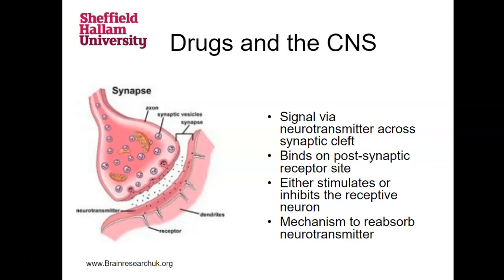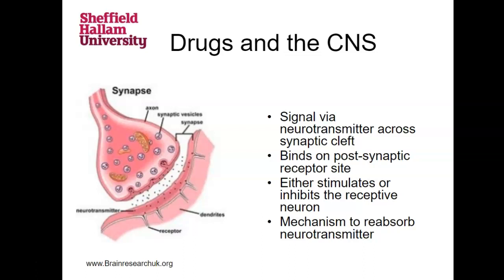So at synaptic level, they might bind onto a postsynaptic receptor. They might excite or inhibit the receptor neuron, so we might still get the same amount of neurotransmitter released, but actually the neuron receiving that neurotransmitter may either respond to it more or less, depending on how the drug has influenced that neuron.